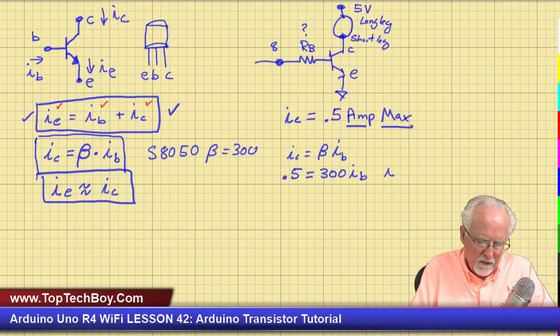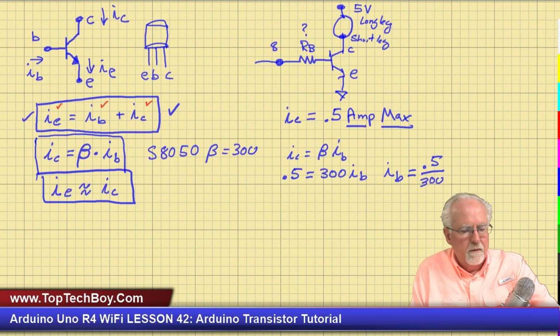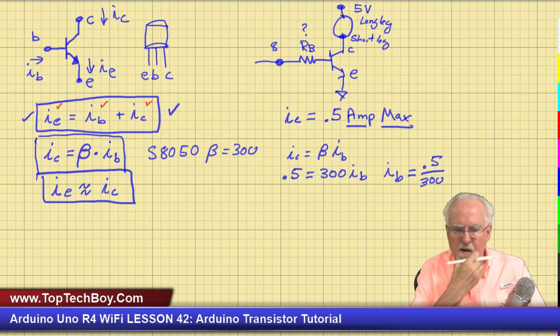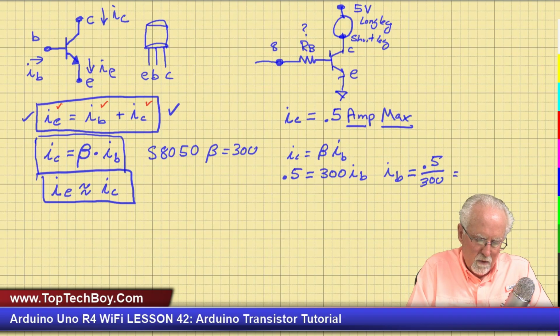I can calculate the base current that I want, and that's going to be 0.5 divided by 300. Let me put that in my calculator real quick. 0.5 divided by 300 is going to be 0.0017 amps.